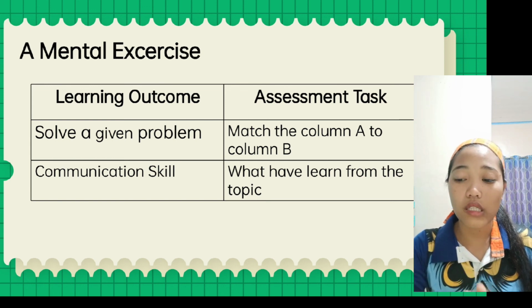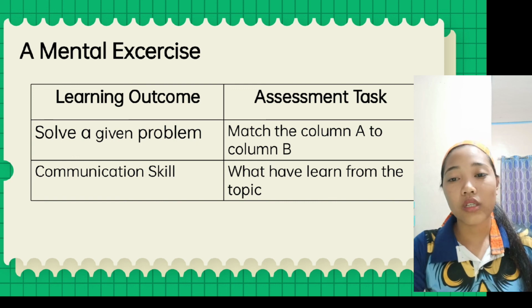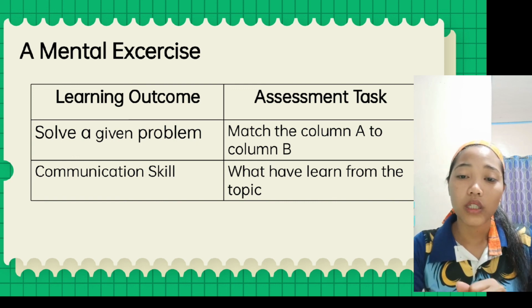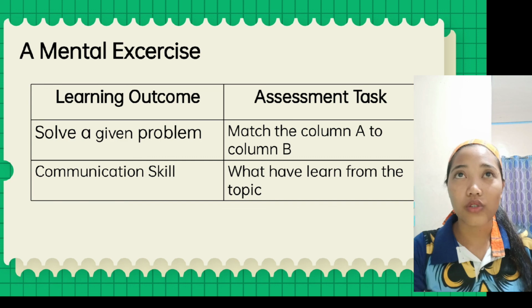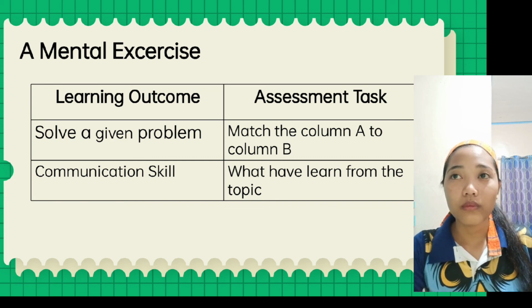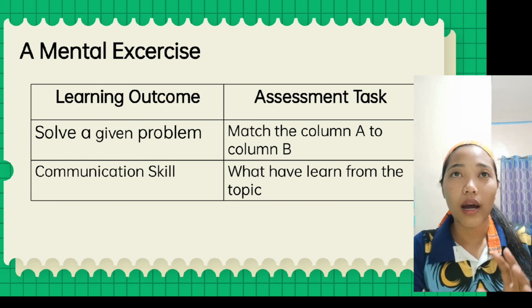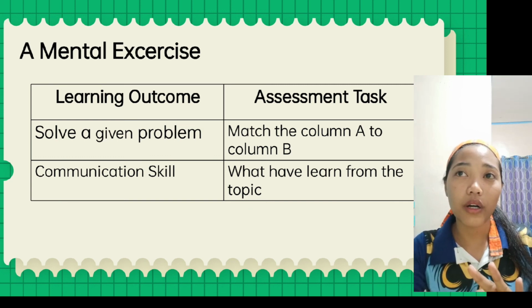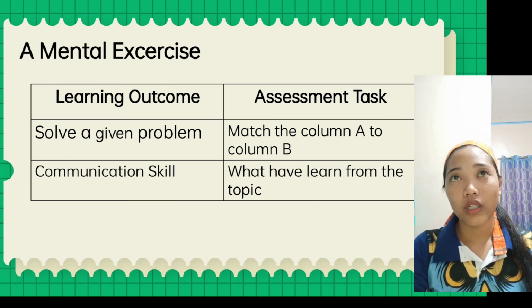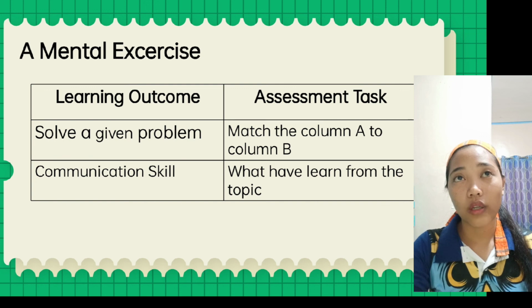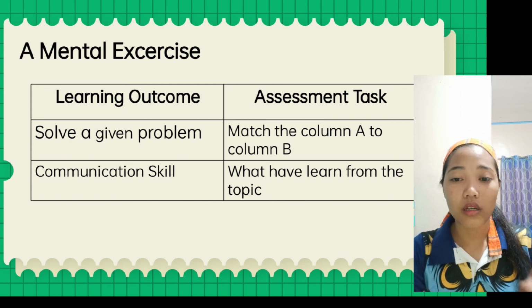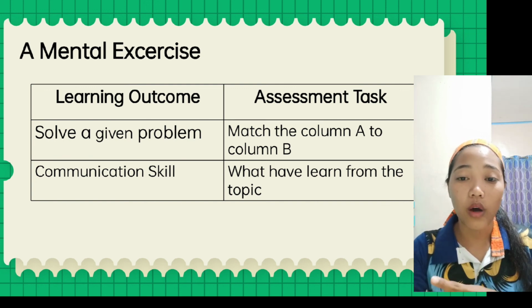So let's change the assessment task. Maybe we will give a task where the student will solve a mathematical problem, in which they will add a 3-digit number and a 2-digit number. For example, 128 plus 28 equals.